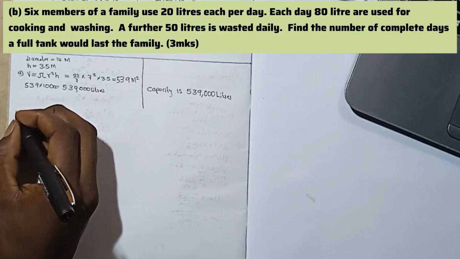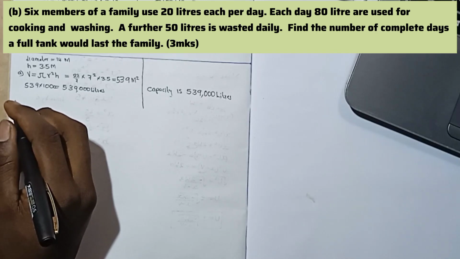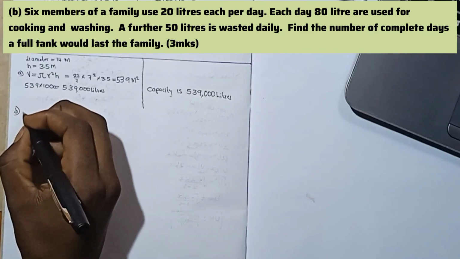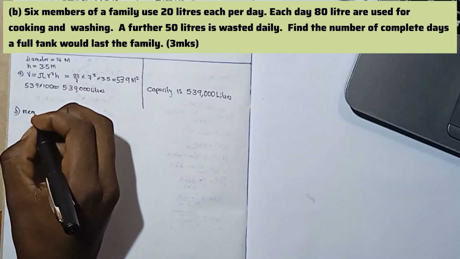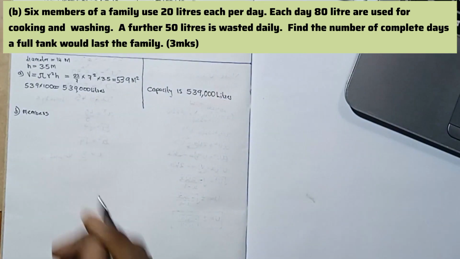So question number B, it is saying 6 members of the family use 20 liters each per day. So each member uses 20 liters per day, and they are 6.